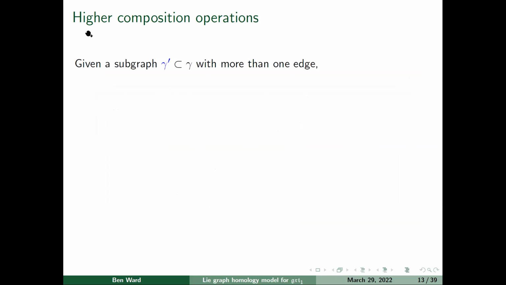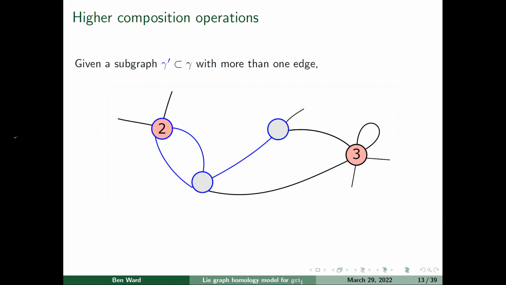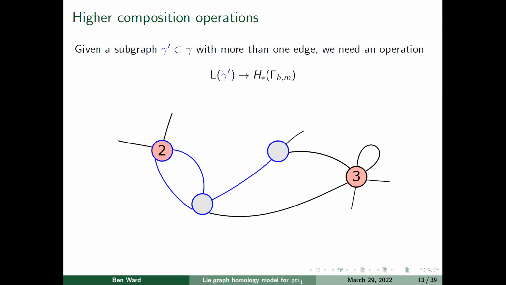So that's why I say higher composition operations, because the degree, so like this example I had before, it would have to go to L gamma prime, right? Gamma prime is just this graph. Well, there's only one red vertex in this example.